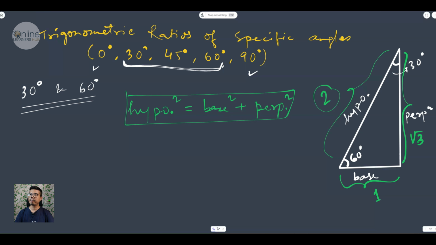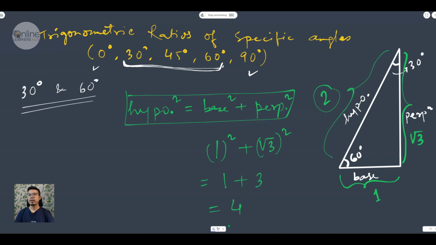Perpendicular is given as root 3. Since it has a square, I'm putting it in square, plus what is base here? Base is 1, so 1 square. Now let's find out: 1 plus root 3 square, that will be just 3.